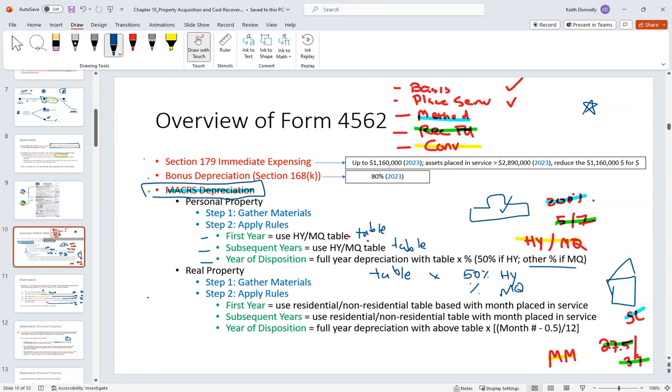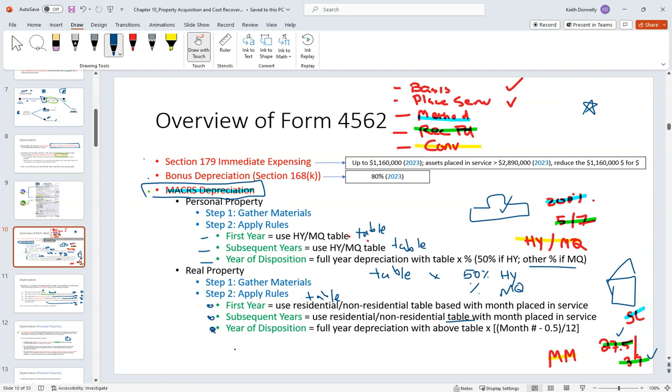Don't overcomplicate it. If it's real property, same setup. Can you please tell me depreciation in the first year? Use the table, multiply it times the percentage. Make sure you're using the right table, 27.5 or 39. In subsequent years, use the table.